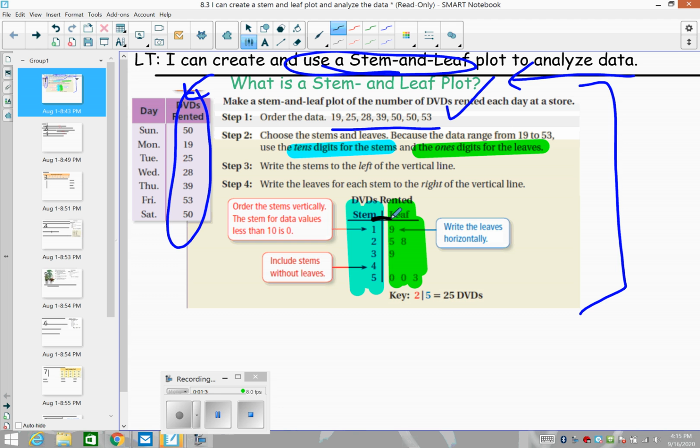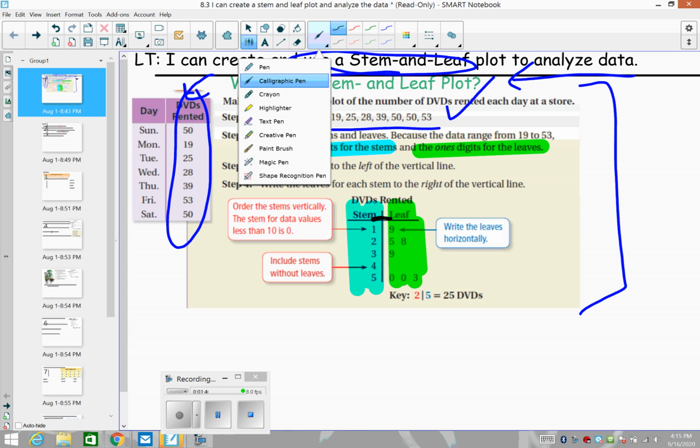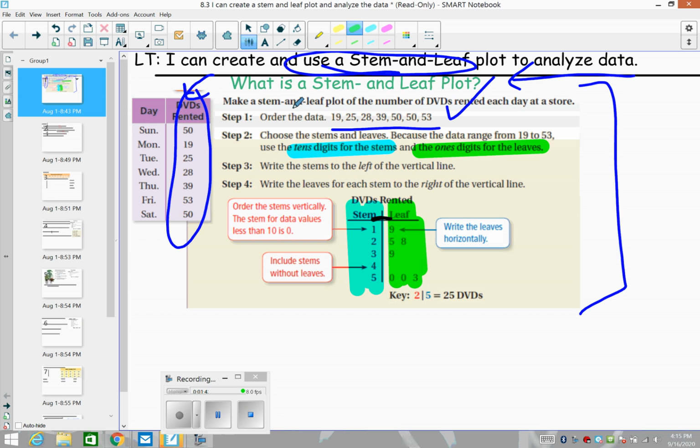So that represents 19. You write the stems on the left and you write the leaves on the right of the vertical line. So that's a stem and leaf plot. You write the leaves horizontally and you basically have this situation here.